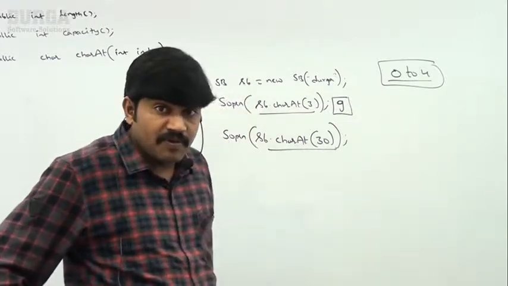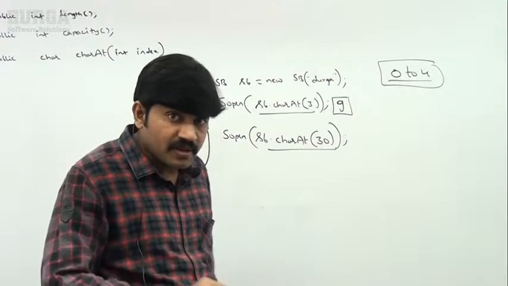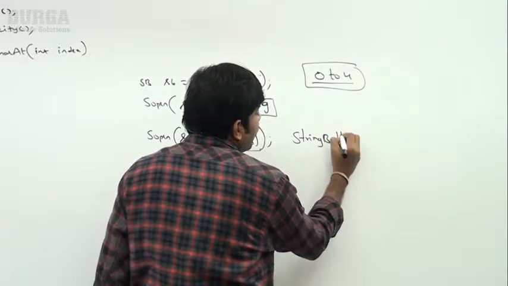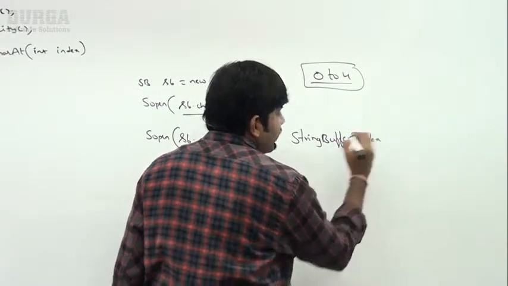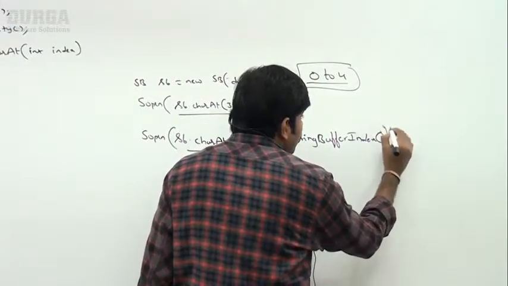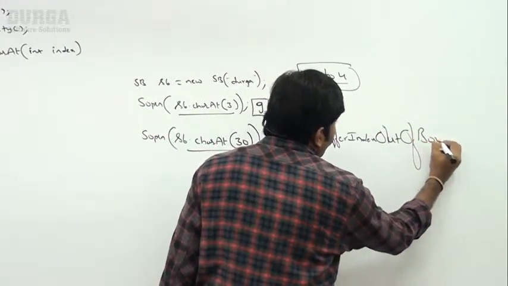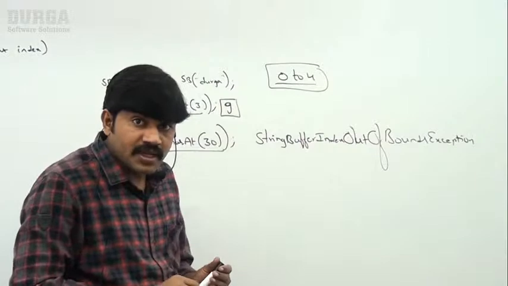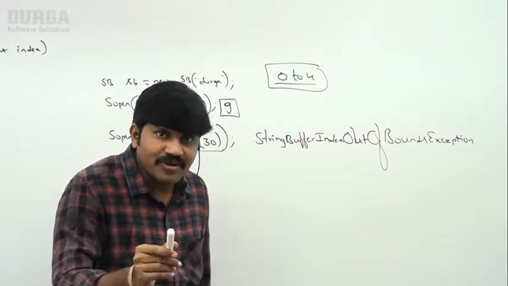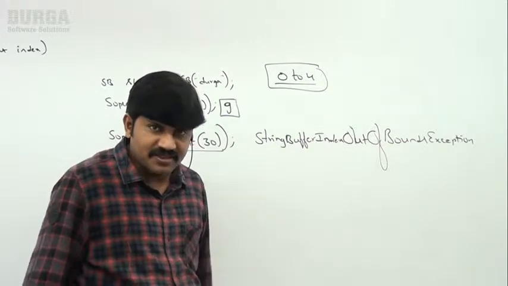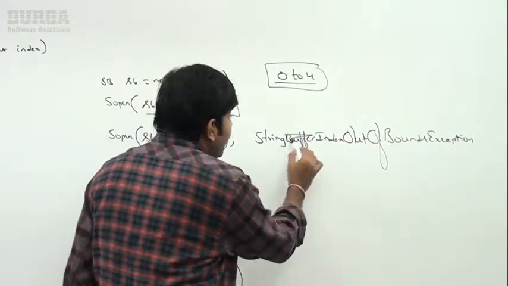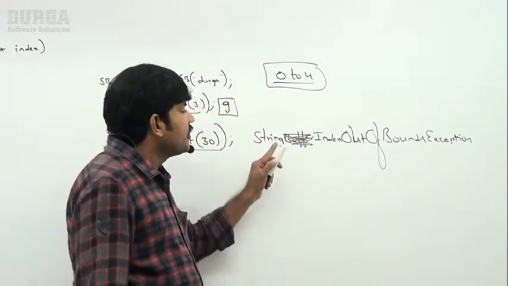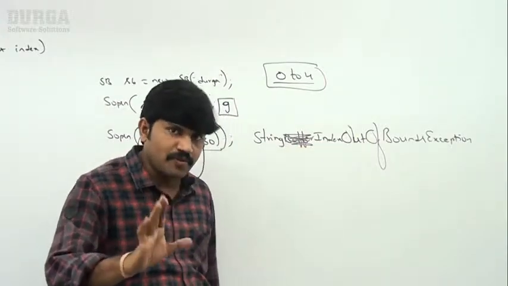Is it the String concept or StringBuffer? It is StringBuffer, so you might guess StringBufferIndexOutOfBoundsException. But make sure there is no such exception in Java. We have only StringIndexOutOfBoundsException. Whether it is String or StringBuffer, we are always going to get StringIndexOutOfBoundsException.